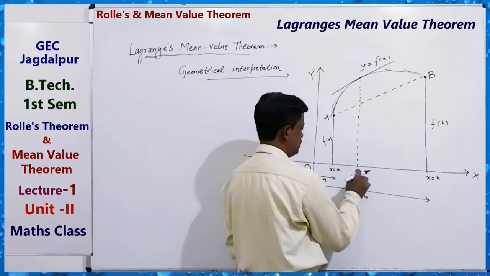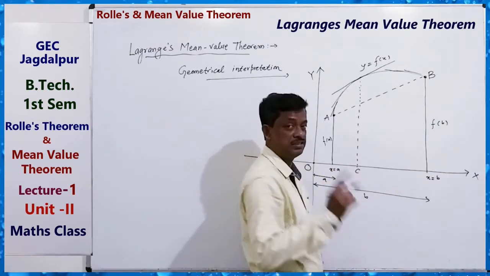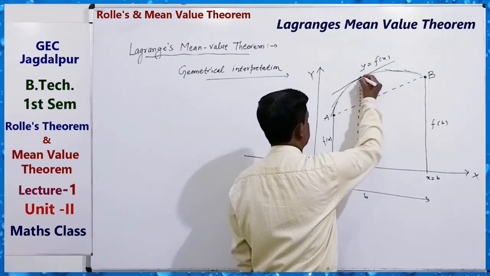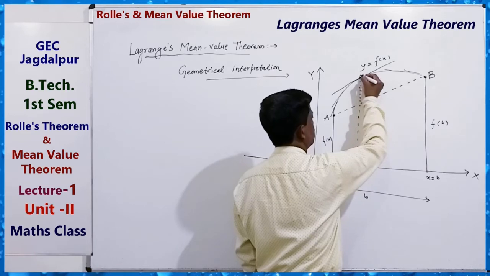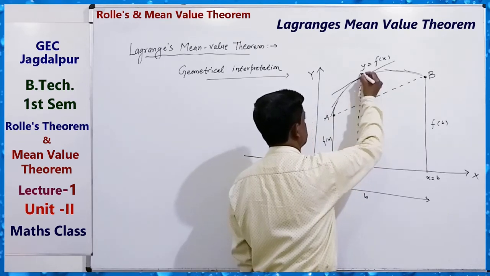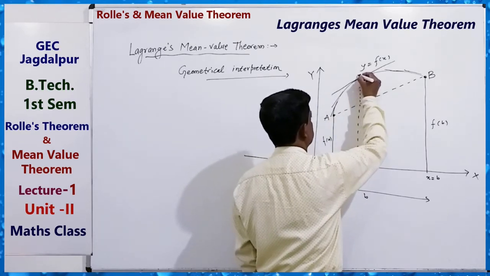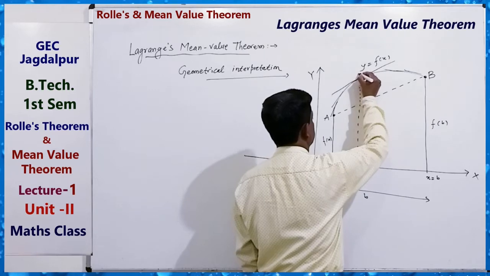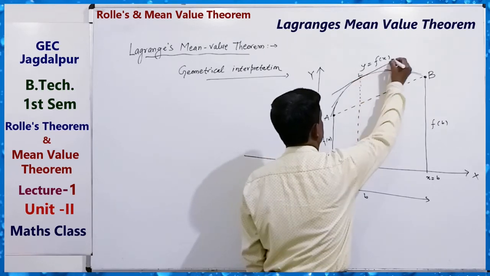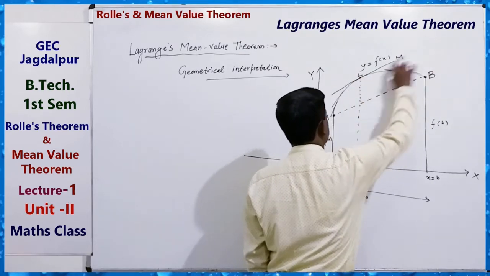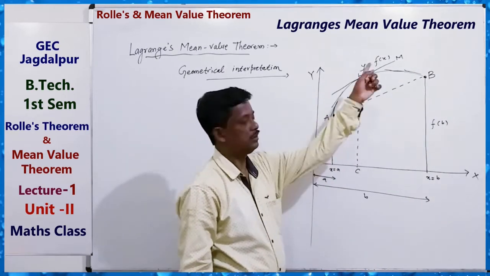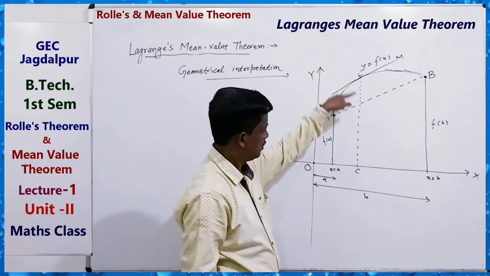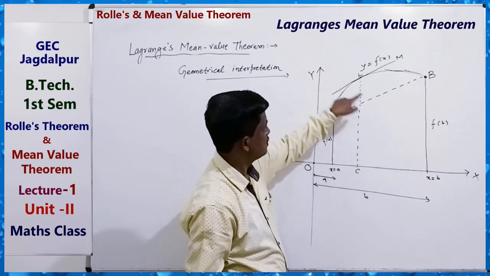So x equals to c. Just between A and B, there is a point. At this point, this is tangent. Okay. Suppose this is L, this is M. This LM is tangent at this point, and this tangent is parallel to this.